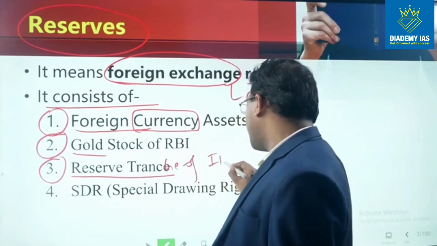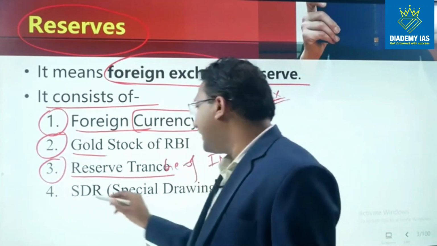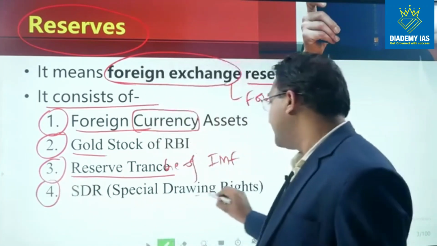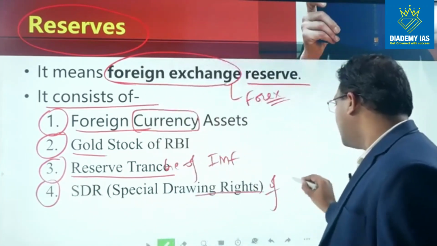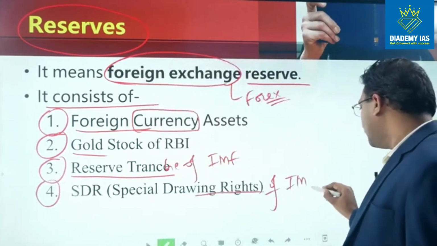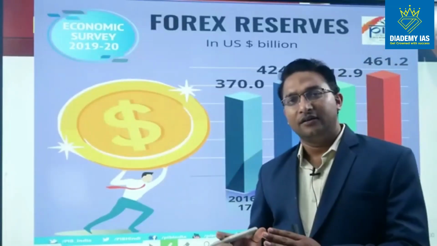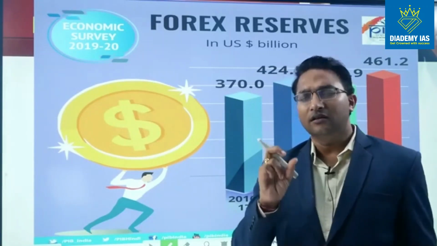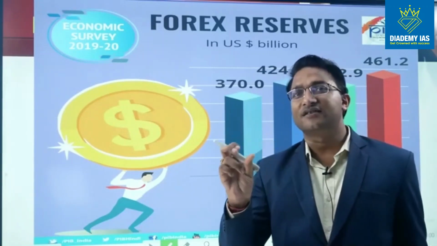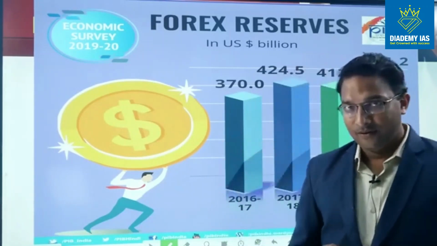We will discuss it separately. And then we have special drawing rights. This is also of the IMF, right? Now, before we move ahead, let us see the quantum of foreign exchange reserves in India.